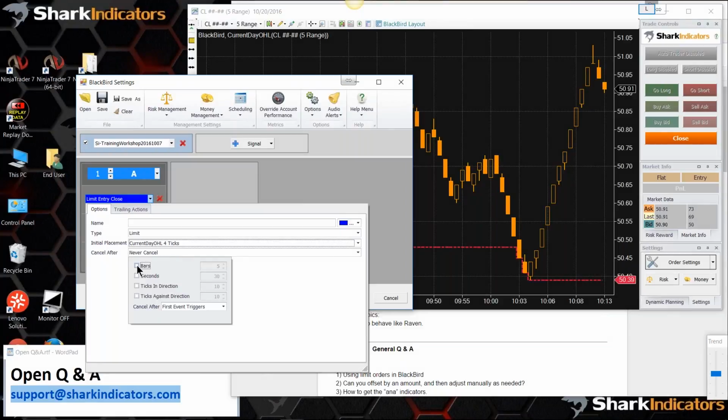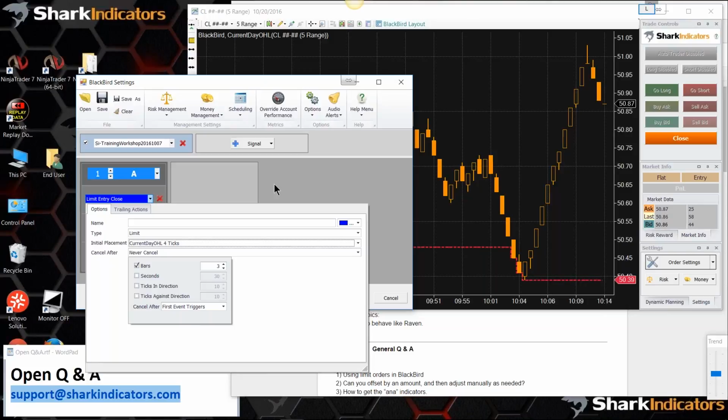And let's set this up so that we probably want the limit order to cancel after 2 bars. I'm kind of guessing here. I don't know. Maybe we'll say 3 bars. Probably good enough.